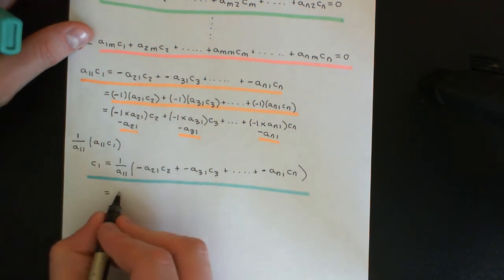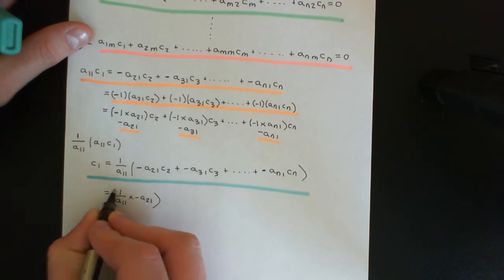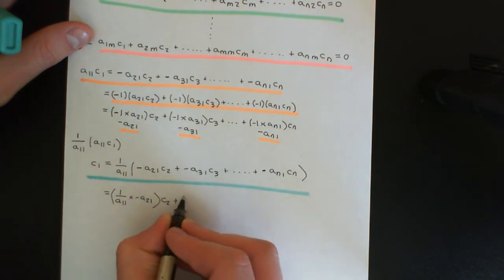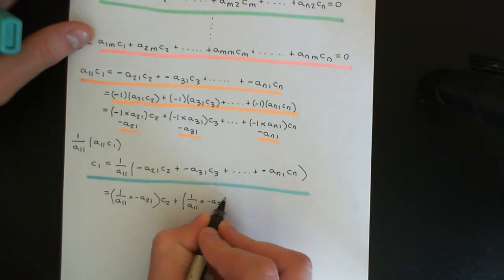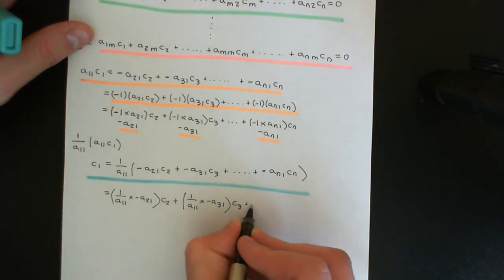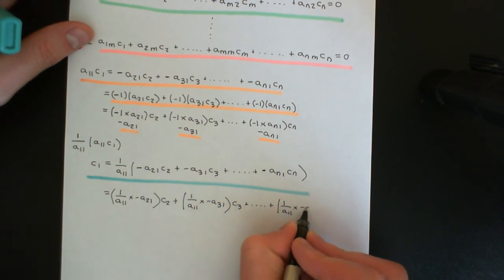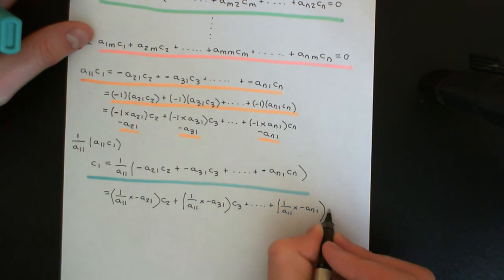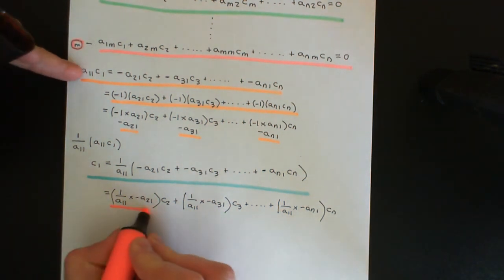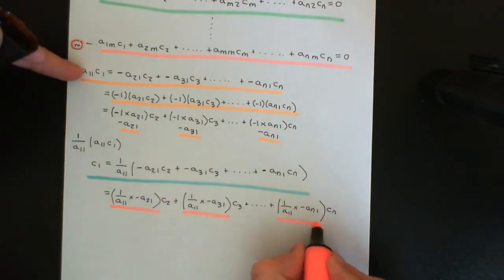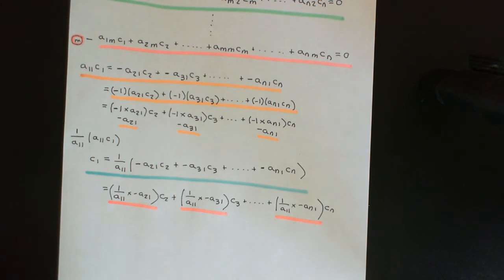So what we'll end up with here is 1 over A11 times negative A21 times C2 plus 1 over A11 times negative A31 times C3 plus all the way up until we have 1 over A11 times negative AN1 times Cn, like so. And there, what I have done successfully is write C1 as a linear expression in the others, C2, C3, all the way up to Cn.